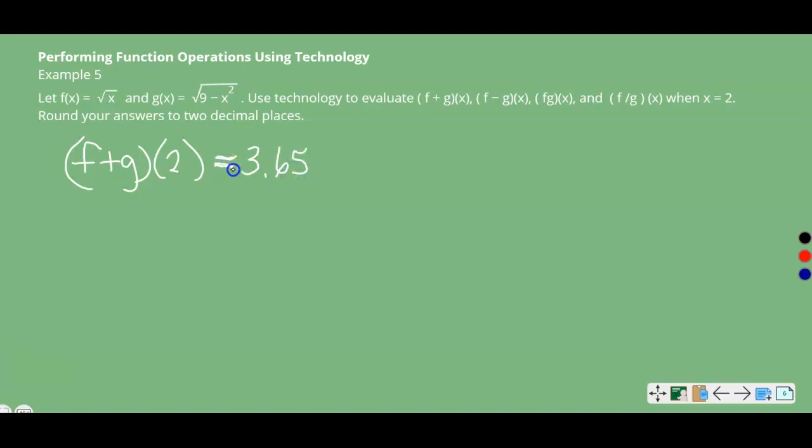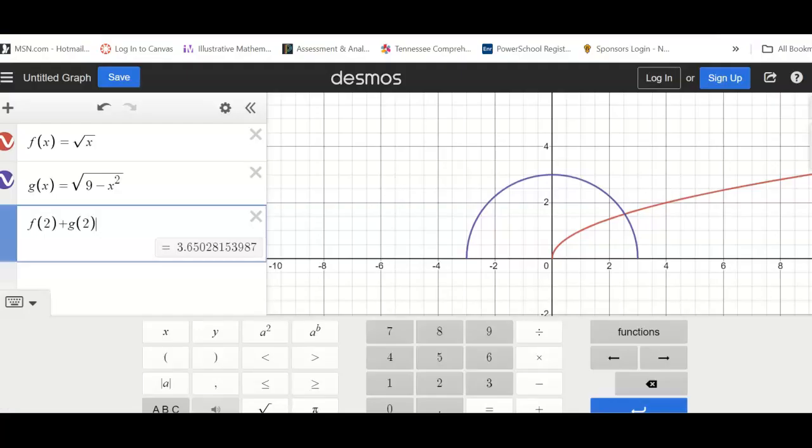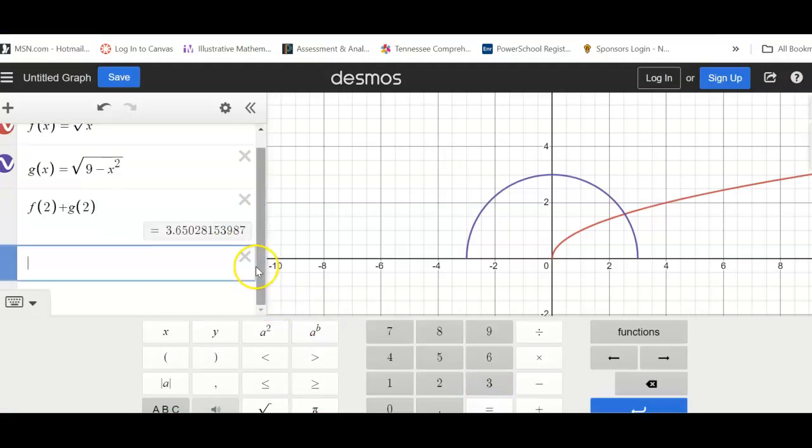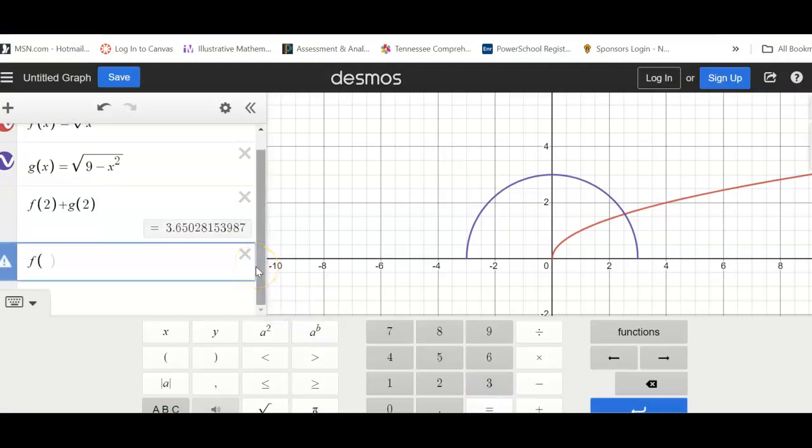And I probably should make those more squiggly, make that approximately 3.65. And then all I have to do is come down and I can do f of 2 minus g of 2. And that's going to be about negative 0.82.